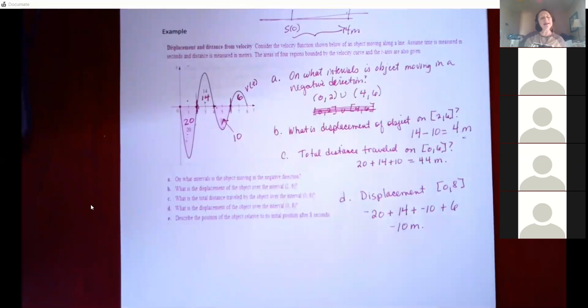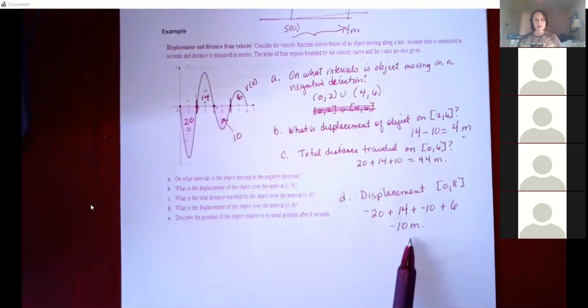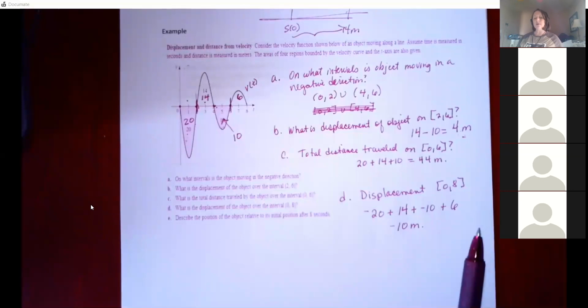So after 8 seconds, what that means is our object is 10 meters to the left or below, depending on whether it's a horizontal or vertical linear movement, of its starting point. Now, if I had said the total distance traveled between 0 and 8, what's the only difference we would do here?